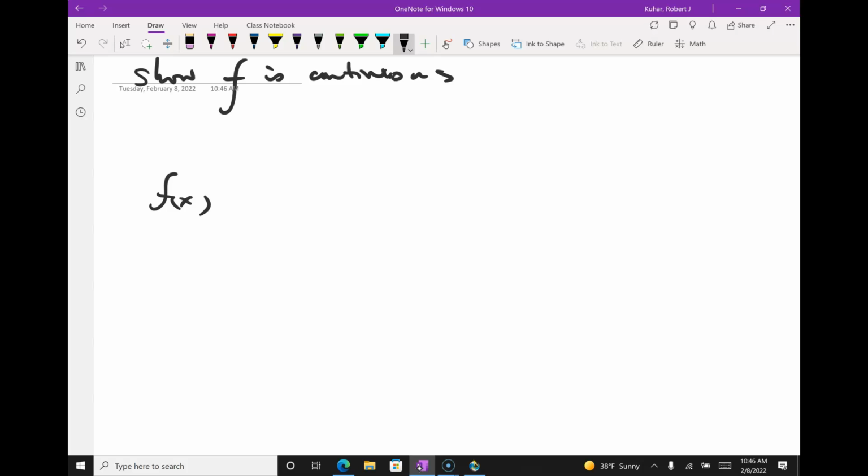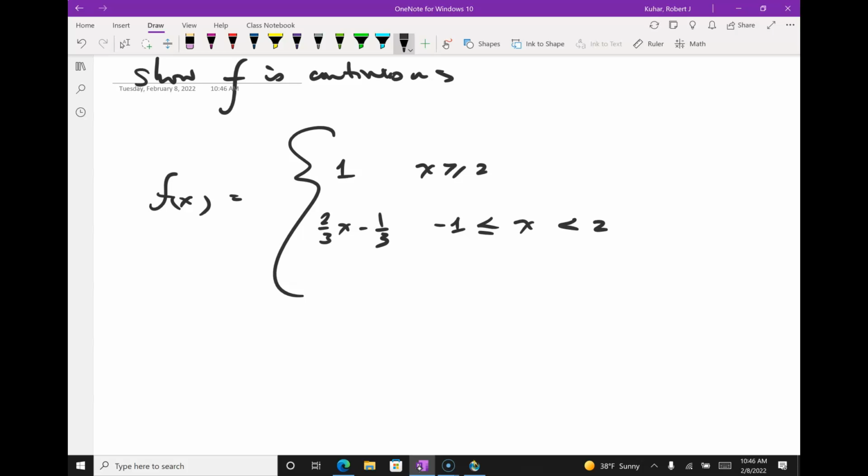F of x, I had 1 for x greater than or equal to 2, 2/3 x minus 1/3 between -1 and 2, and then I had -1 for x less than -1. So obviously I have to check two places. Yes, you with me? You can see why I skipped this third piece, because it's so boring.